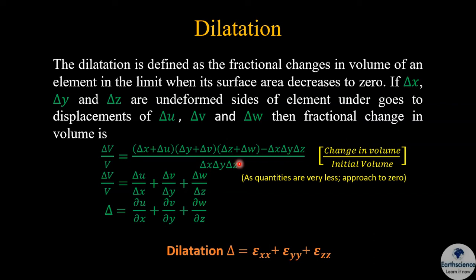let it undergo displacements with du by dx, dv by dy, and dw by dz as the fractional changes in the volume, and I will explain that like this. The sum of these is nothing but the normal strains epsilon xx, epsilon yy, epsilon zz.